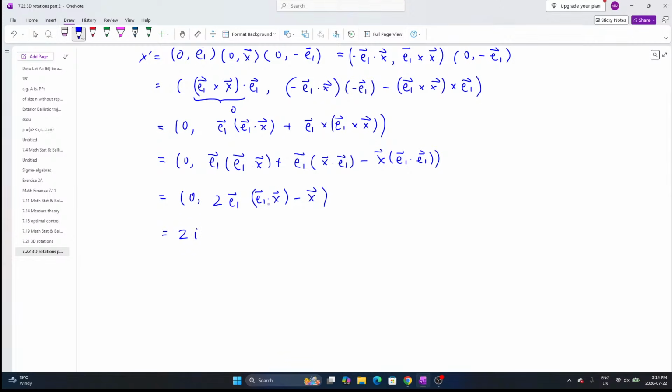And then E1 dot with x, that's just x1. And then minus x, which is just minus x1 i minus x2 j minus x3 k. So it's just x1 i minus x2 j minus x3 k.